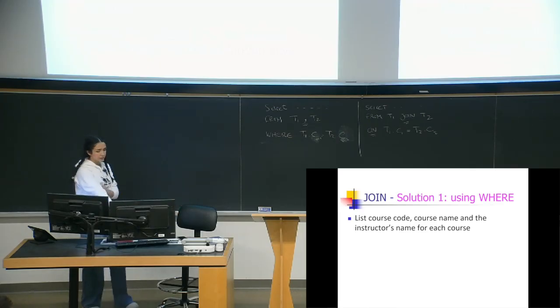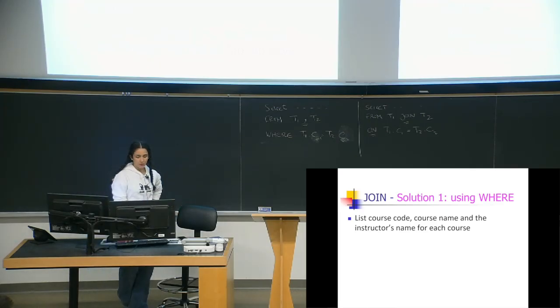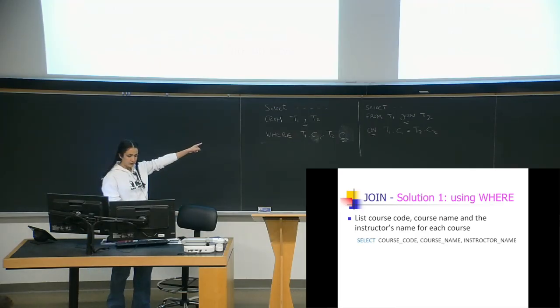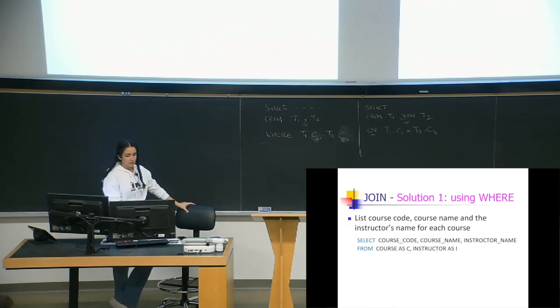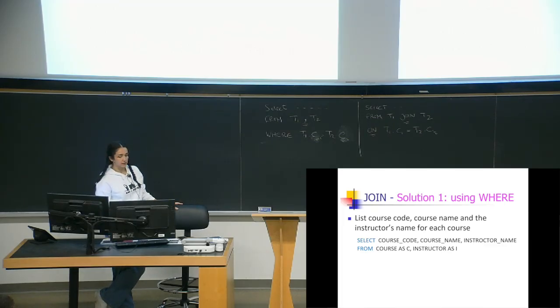And sometimes, so for example, this is the join using where, so method 1, right, from two tables, from the course table and instructor table. So I want to select, for example, course code, course name, instructor name from these two tables. To keep things simpler and easier to read, you can give these tables alias names, right?